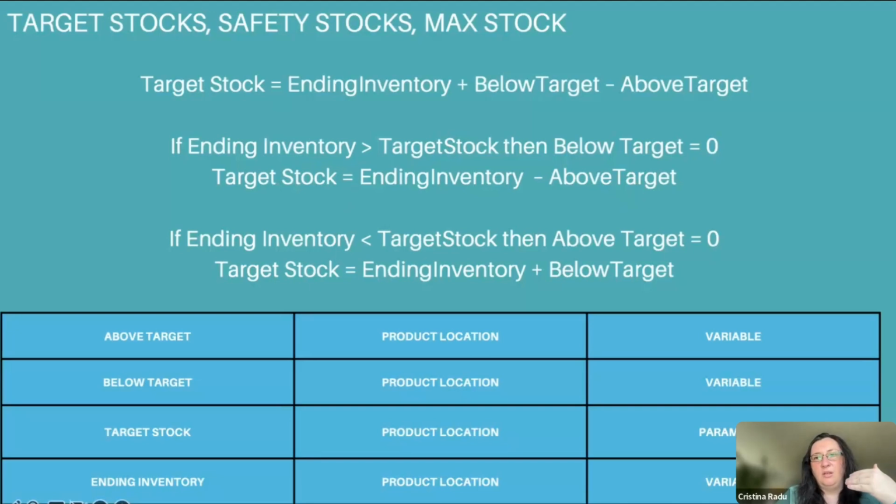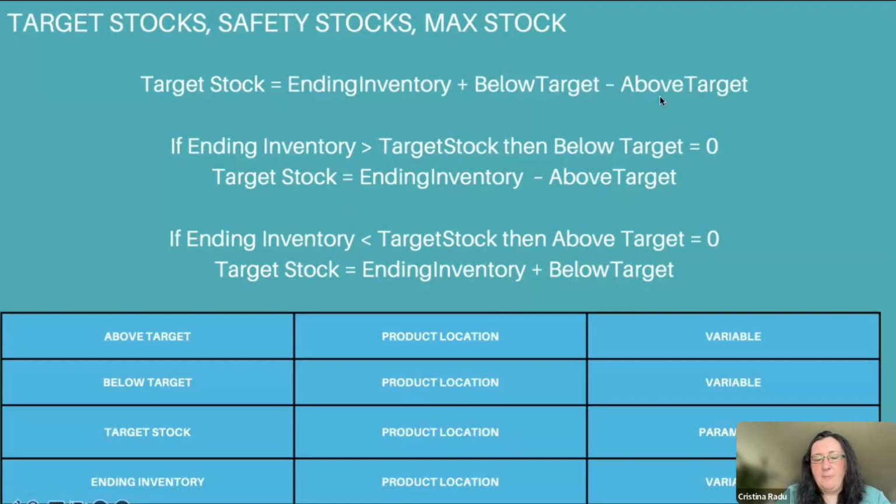If the ending inventory at the end of the day, due to capacity constraints or other constraints, is less than the target stock, then the above target becomes 0, and here we only have the non-zero values, right? So that's the idea with those ones.